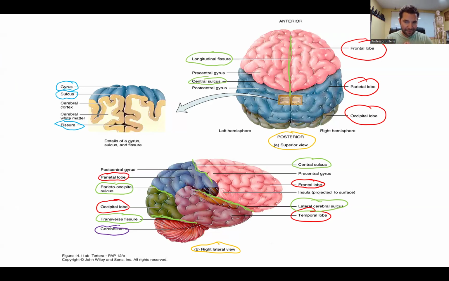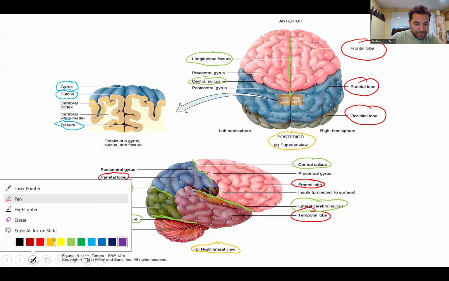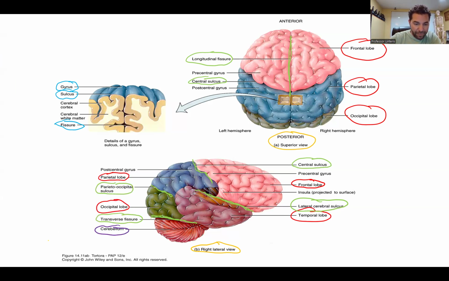Lastly, on this picture, you see that central sulcus separating the frontal lobe from the parietal lobe. There are two important bumps, if you will, called gyri. There is one in the front, which we can see right here, and this is called the precentral gyrus.